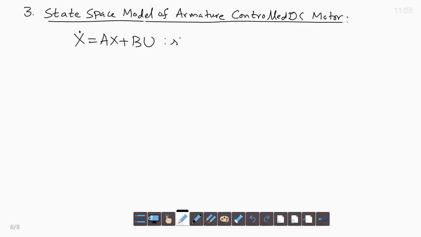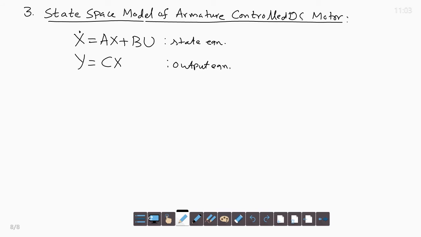This is the state equation. X is the state vector, u is the control input, A is the system matrix and B is the control matrix. Then the output equation is y equals Cx, or sometimes you can write Cx plus Du. So, this is the output equation. State equation and output equation combined give the state space representation.